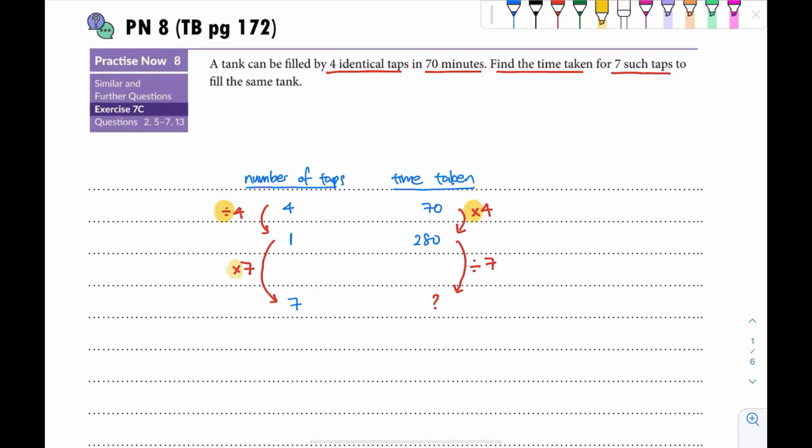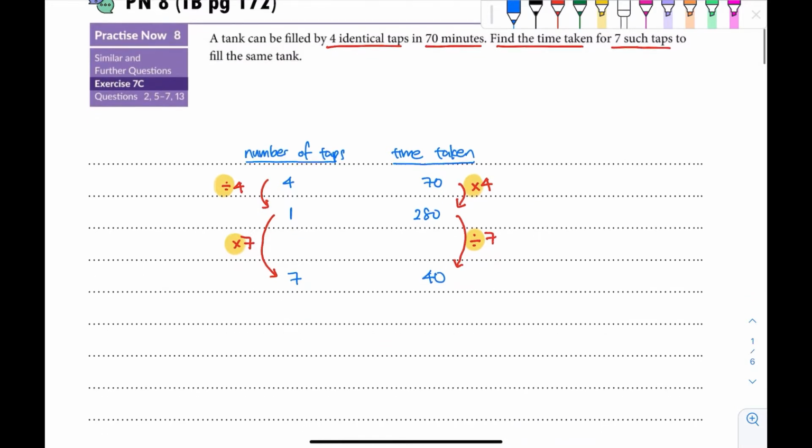Notice again the inverse proportion gives me a times over here and a divide over here. So 280 divided by 7 will give me 40 minutes. Therefore the time taken for 7 such taps to fill the same tank is 40 minutes.